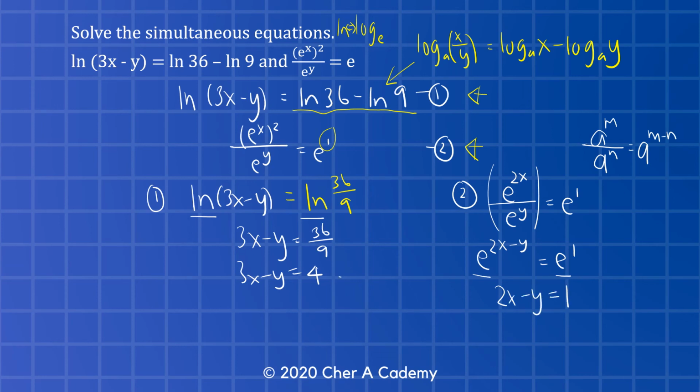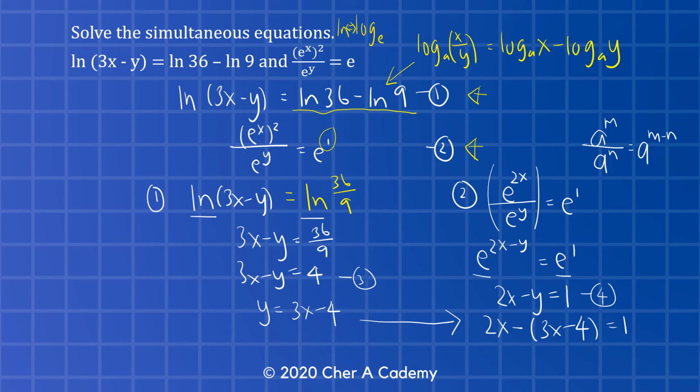Since they have the same base, 2x minus y will be equal to 1. This is equation 3, this is equation 4. I'm going to use y here, y equals 3x minus 4, and sub it into my equation 4. So I have 2x minus (3x minus 4) equals 1.